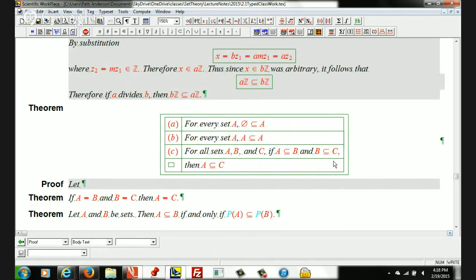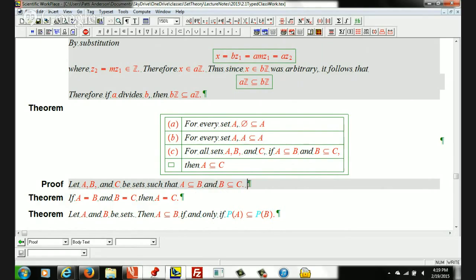In fact, it's all of this: for all sets A and B. And so we're going to let A, B, and C be sets in that part right there. Let A, B, and C be sets such that A is a subset of B and B is a subset of C.